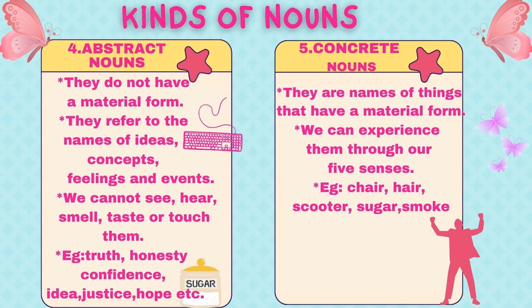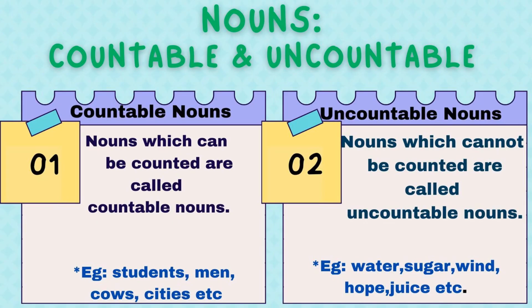Now let's see what the next slide is. Now, yeah, so now you have to understand that nouns are also categorized as countable and uncountable. And as the name suggests, it is quite easier to understand this, because countable, obviously, are those nouns which can be counted, okay, and uncountable is the opposite, means which we cannot count.